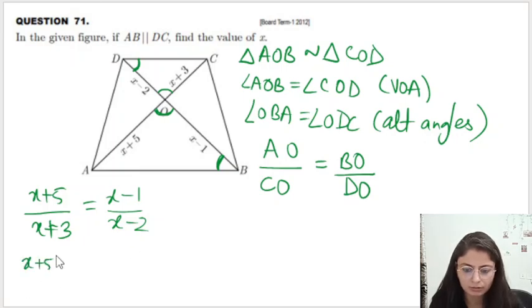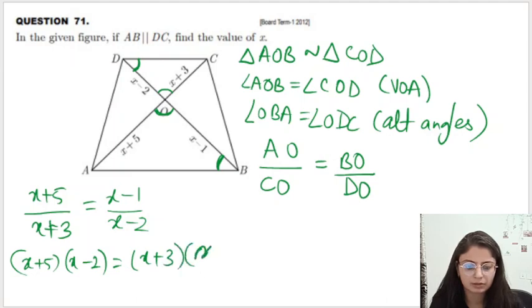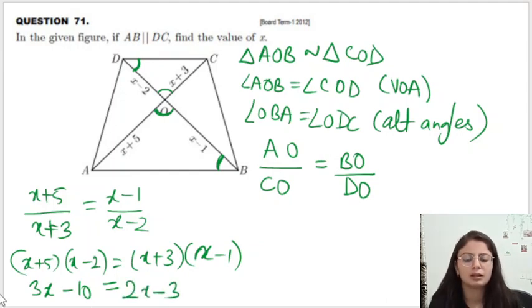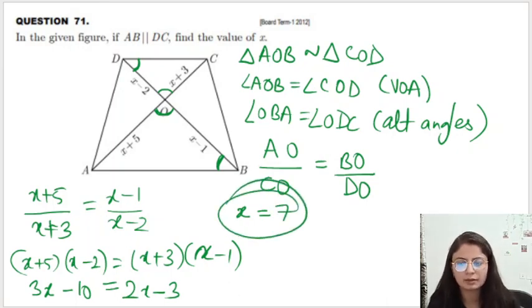So this will be x plus 5 into x minus 2 equals to x plus 3 into x minus 1. सो एक्स स्क्वायर दोनों साइड कैंसिल आउट हो जाएगा. ठीक है, सो मैं सीधा लीनियर टर्म्स ही लिखती हूँ. सो 3x माइनस 10 इक्वल्स टू 2x माइनस 3. ठीक है, इसको सॉल्व करेंगे, x की वैल्यू आ जाएगी, 2x इधर चला गया, x कितना आ जाएगा? x इक्वल्स टू 10 माइनस 3 विच इज 7. सो वैल्यू ऑफ x इज 7.